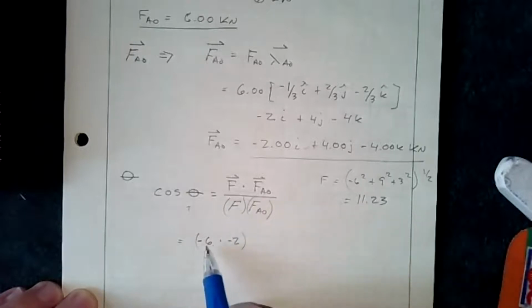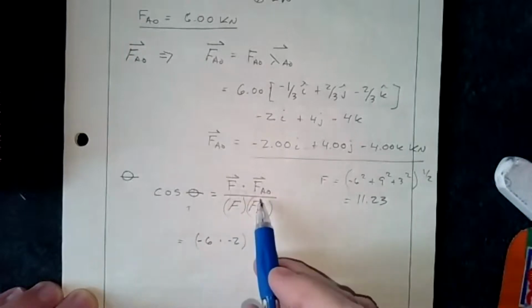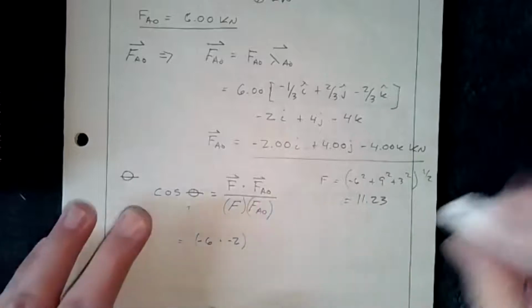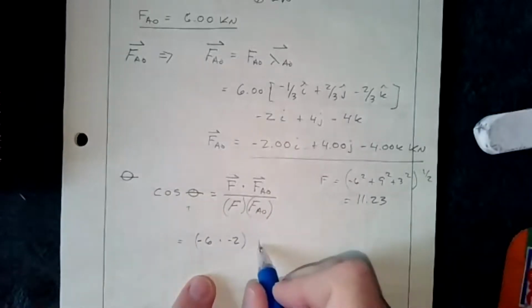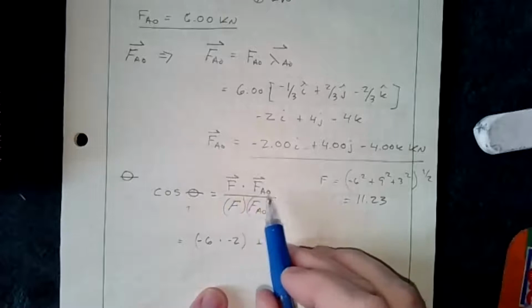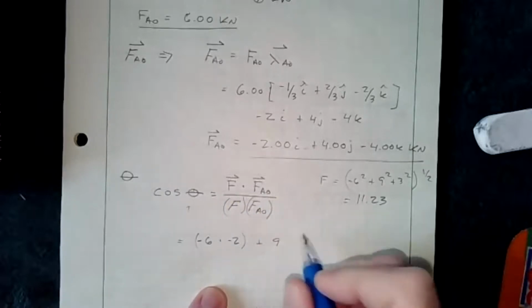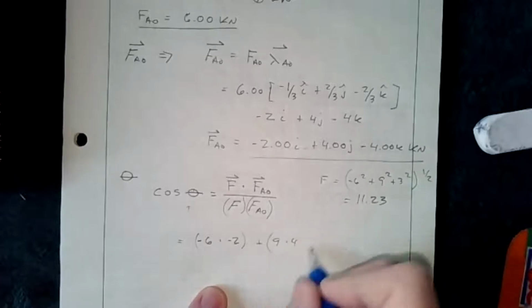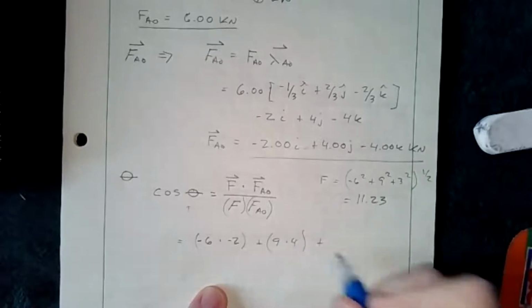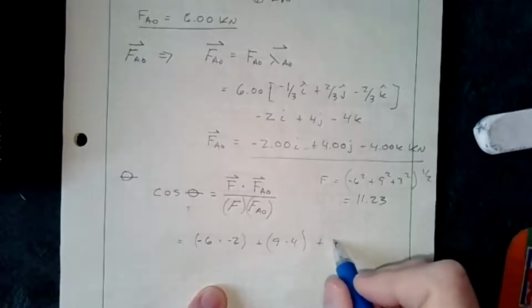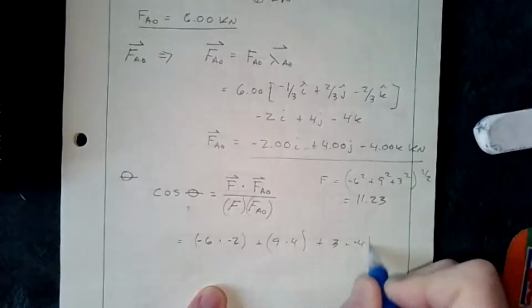Again, I'm taking the i component of F and the i component of AO, and then adding that to the j component of F times the j component of AO. So plus 9 times 4, and then plus 3 times negative 4.